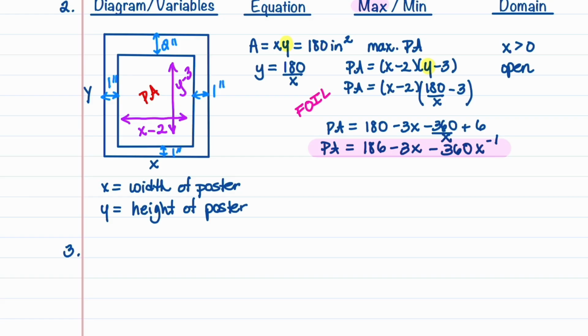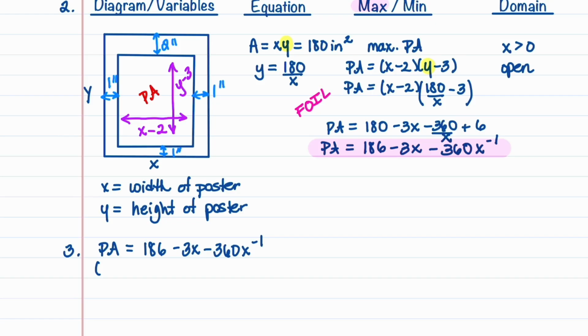Our third step is to take the derivative of our printed area function, find the critical values, and then find the maximum value. Let's write down our printed area function again. This is 186 minus 3x minus 360x to the minus 1. And now let's take the derivative.